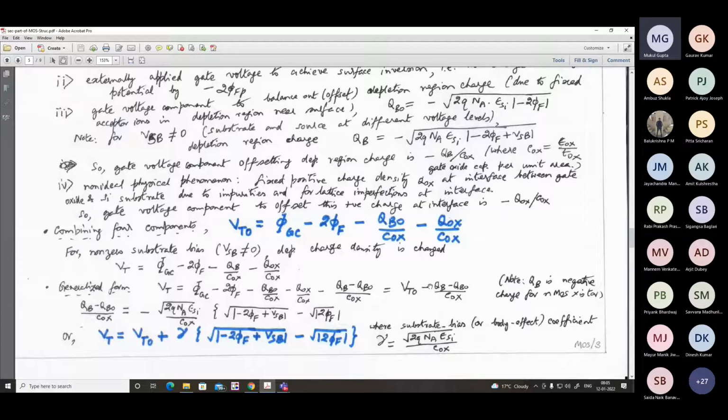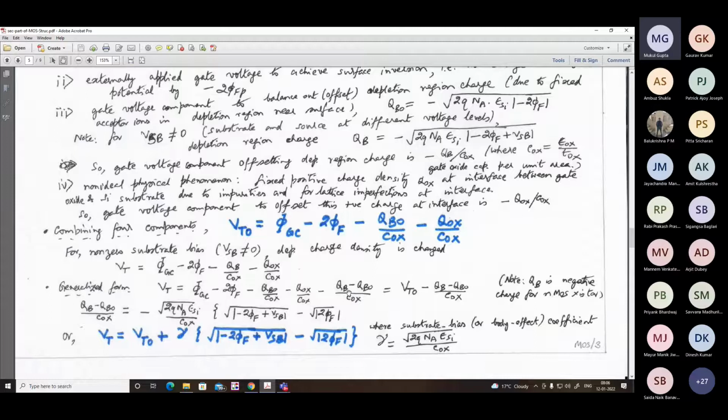In that case, we have to account for the fact that it can lead to an increase in the depletion area charge. So QB is the depletion area charge for VSB greater than 0, and QB0 is for VT0, the zero bias threshold voltage. QB0 corresponds to VSB equal to 0, and QB for VSB greater than 0 for an NMOS transistor.